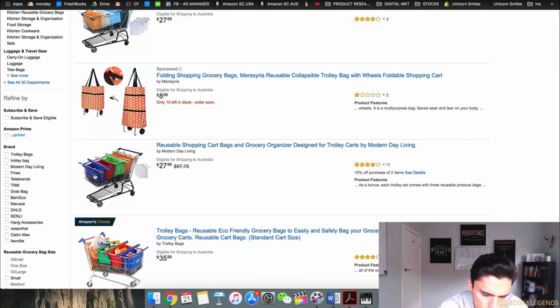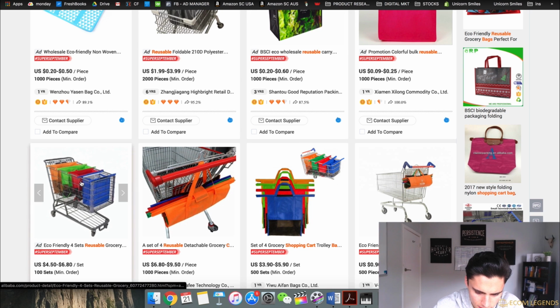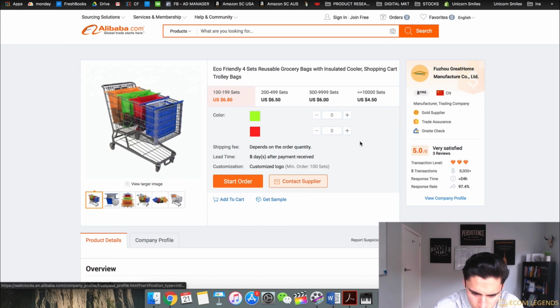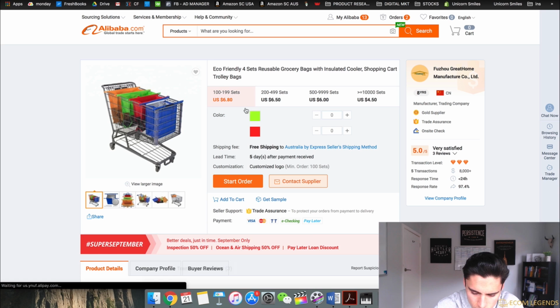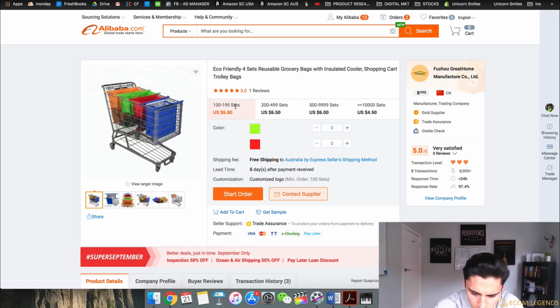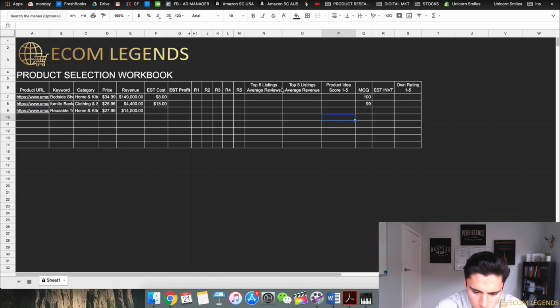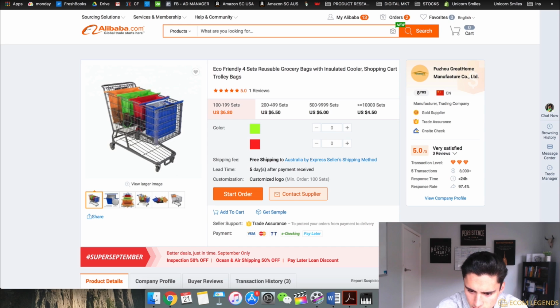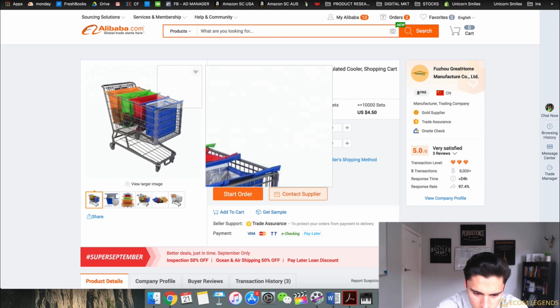As you can see, it's got blue, red, green, and orange. They're all pretty much the same. The MOQ in this one is 100 to 199. So let's just go with that one, 100. And the price is $680.